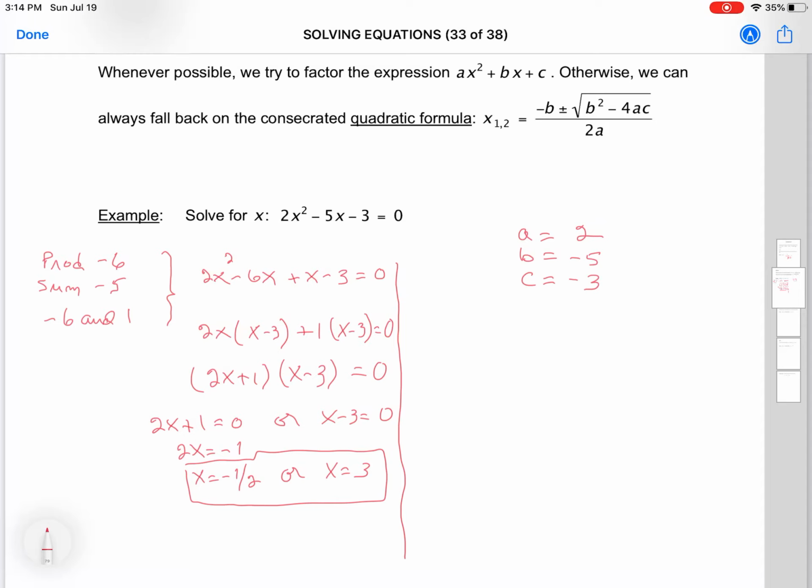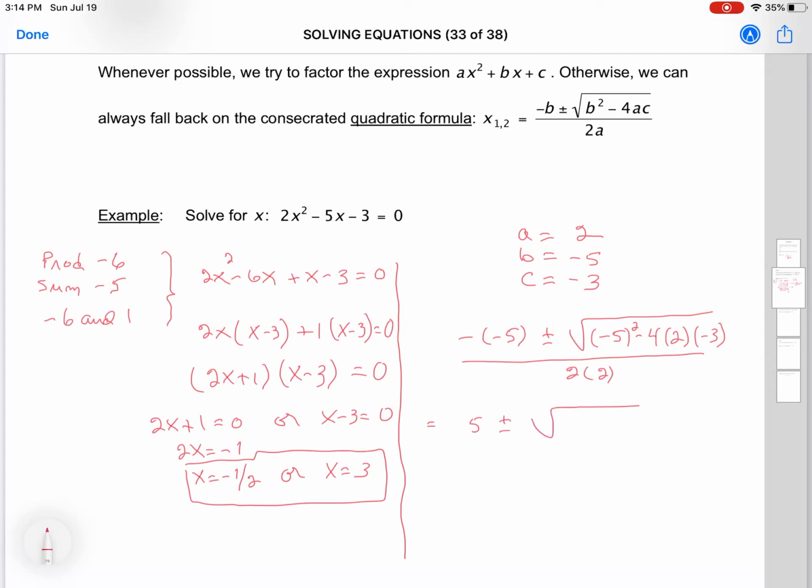C, constant term when the equation is made equal to 0. So plugging it in, minus b plus or minus the square root of b squared minus 4ac, all that jazz, over 2 times a.